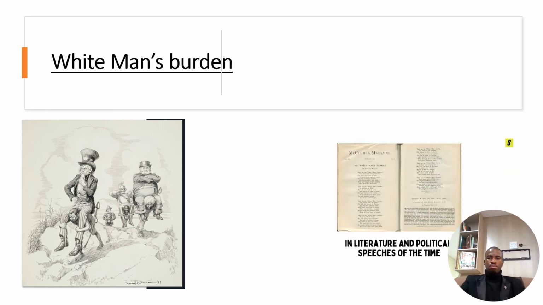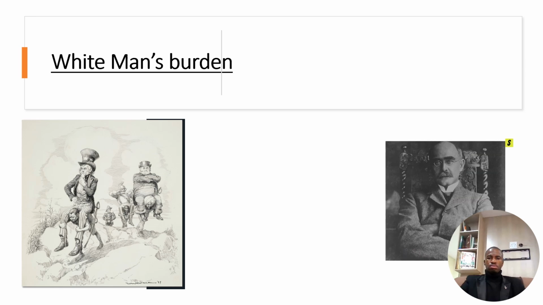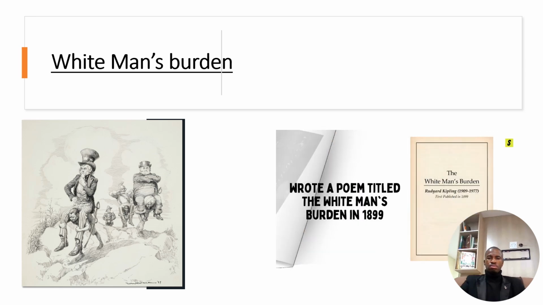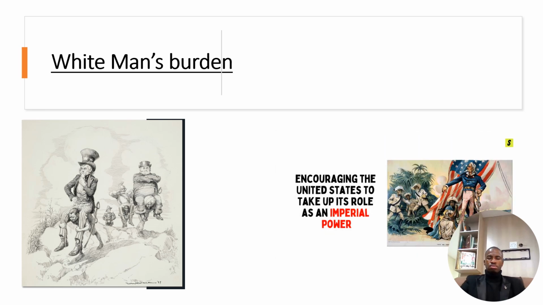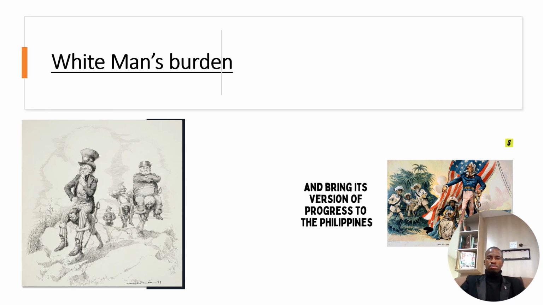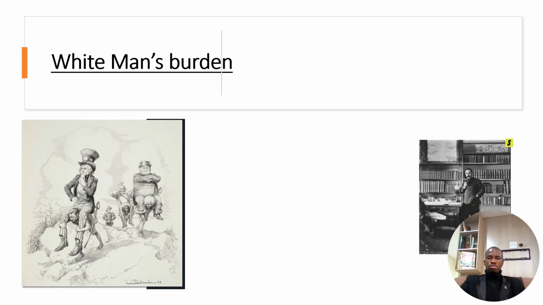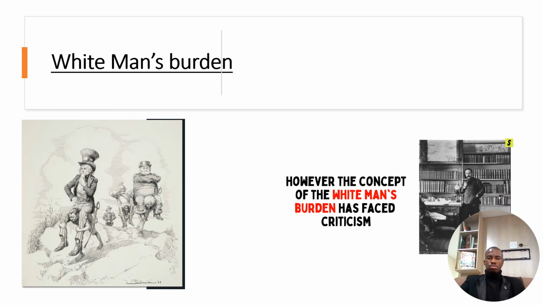In literature and political speeches of the time, this idea was promoted as a noble mission. For instance, Rudyard Kipling, a famous British writer, wrote a poem titled The White Man's Burden in 1899, encouraging the United States to take up its role as an imperial power and bring its version of progress to the Philippines, which it had recently acquired as a colony. However, the concept of the white man's burden has faced criticism.